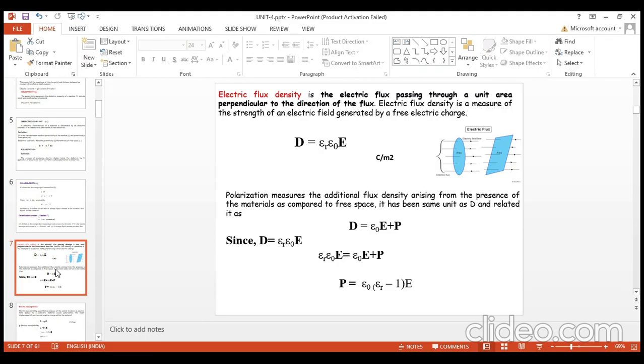D is equal to epsilon r epsilon 0 into E. The unit of this is coulomb per meter square. Polarization measures the additional flux density arising from the presence of materials as compared to free space. It has the same unit as electric flux density.